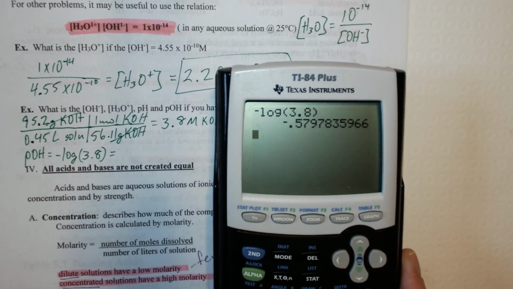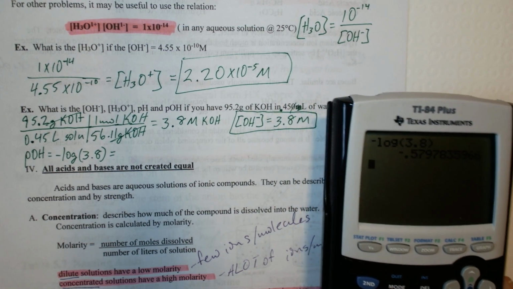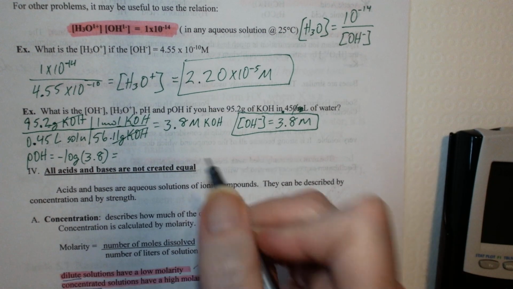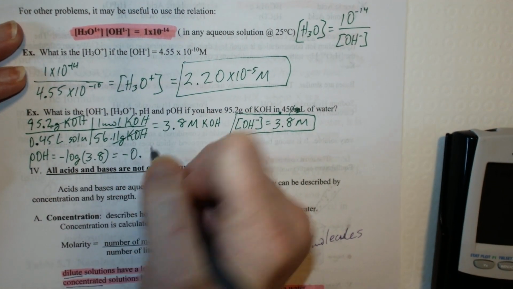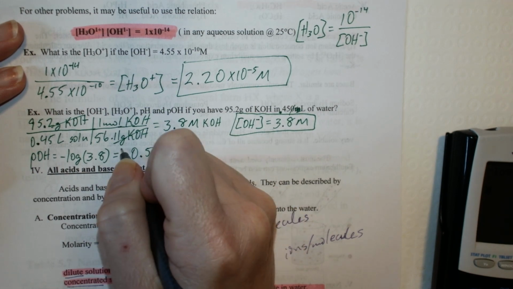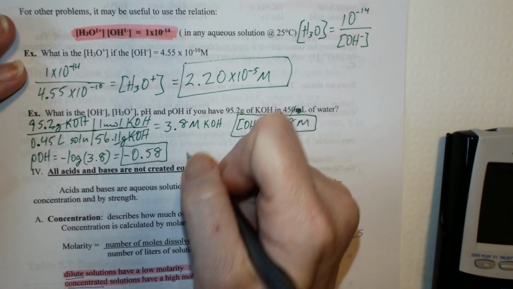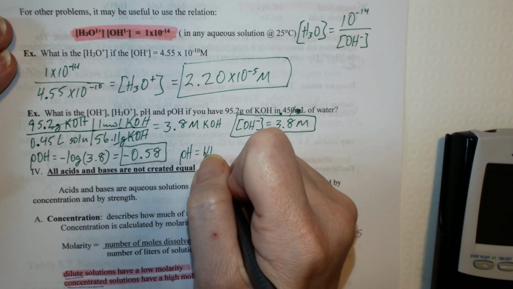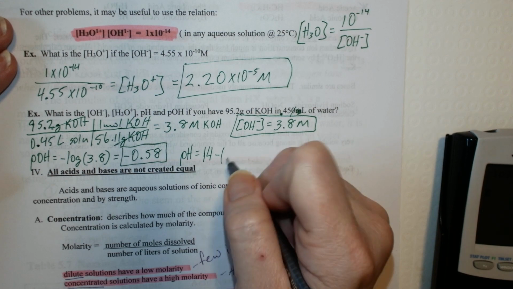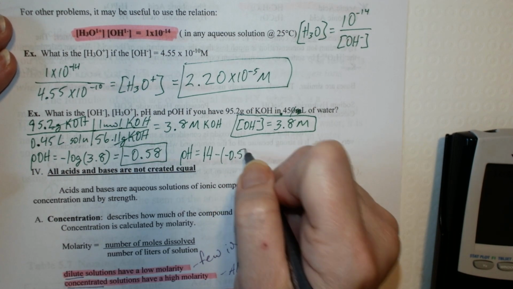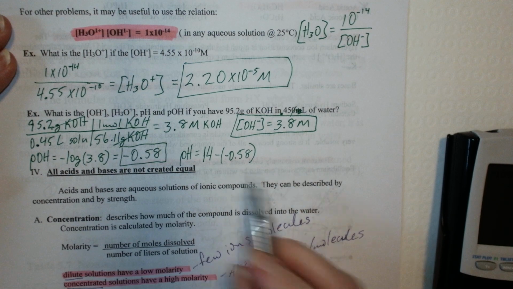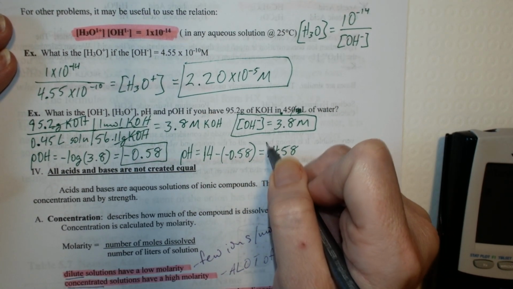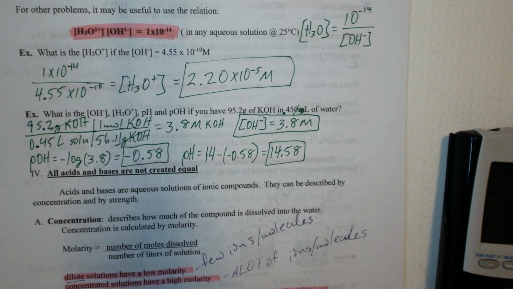So if my number of sig figs in concentration is 2, then I go 2 places past the decimal. So this is negative 0.58. So that's my pOH. So my pH will be 14 minus my pOH, which in this case is negative 0.58. A negative minus a negative is a positive, so my pH is 14.58, indicating that I have an extremely strong base.